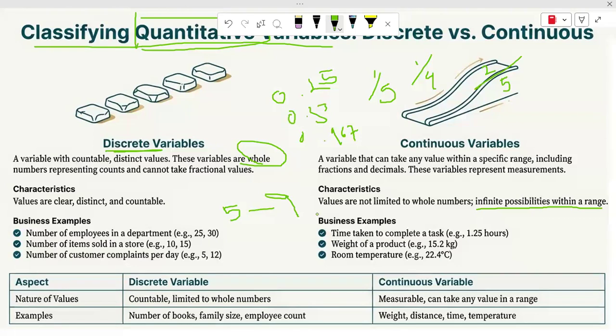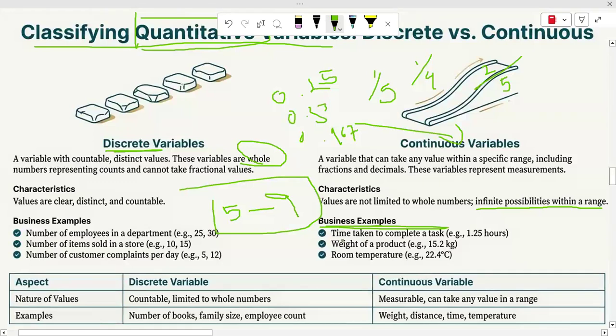How many decimals between 5 and 9? How many fractional numbers? 5.1, 5.2, 5.3, 9.9, 9.9999998, 9.9999 and 0.0125. There are a lot of numbers, infinite possibilities within the range. So this comes under the continuous variable.